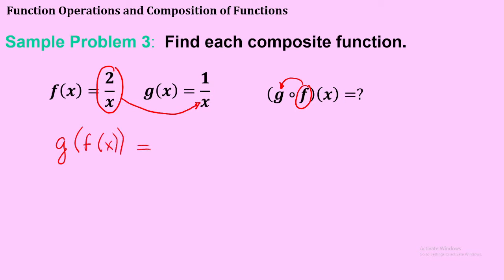I'll be having 1 over 2 over x. The 1 over x is 1 over x, but since 2 over x is substituted for x, the denominator becomes 2 over x.